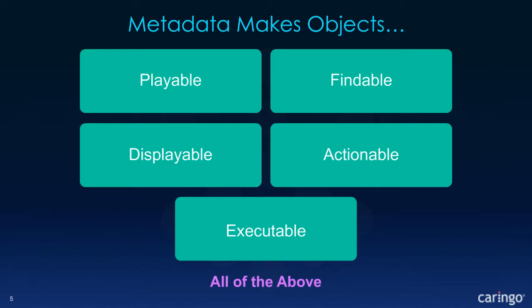So what does that mean? So, for instance, if you're looking at something like media type in an object and in the headers, especially in HTTP, that can make the object instantly playable or viewable in a browser.